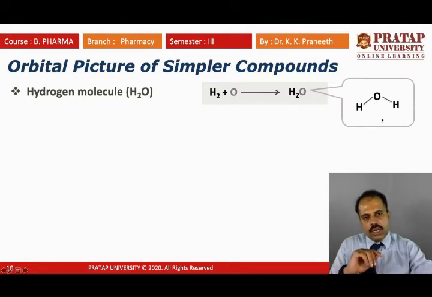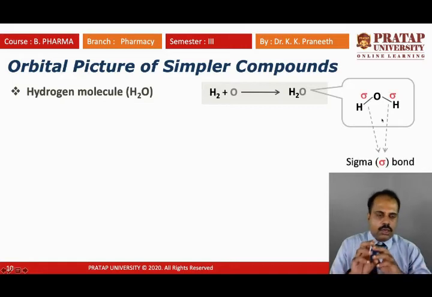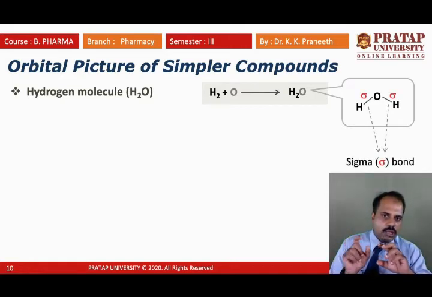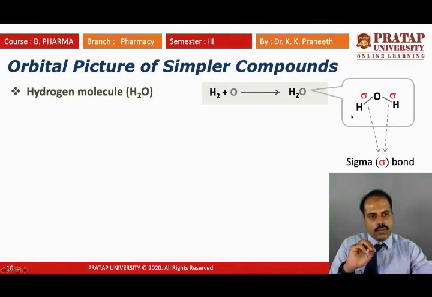We already know that in the hydrogen molecule the single bond is called a sigma bond, and similarly in water these two bonds are sigma bonds, because they are single bonds. So water has one oxygen, two hydrogens and two sigma bonds.